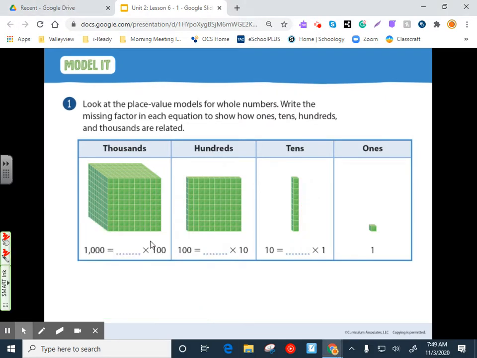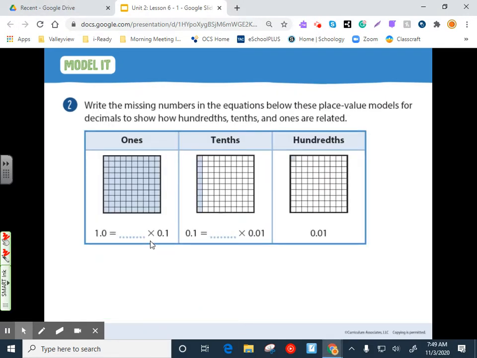Looking down below, now write the missing numbers in the equations below these place value models for decimals to show how hundredths, tenths, and ones are related. So remember, our tenths and hundredths are to the right of the decimal point. The ones place is to the left of the decimal.